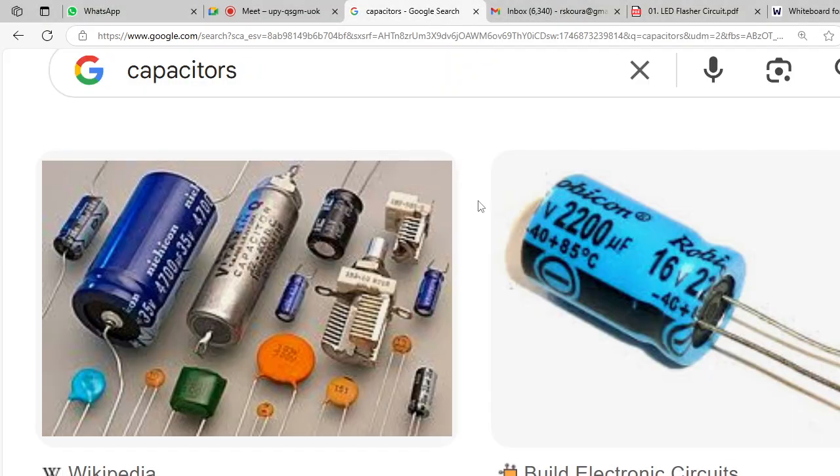A capacitor is an element with two plates, and the two plates are separated by an insulation. There is a positive terminal of the capacitor and a negative terminal. When you supply a charge, the capacitor gets charged, and when you remove the electricity, it gets discharged.